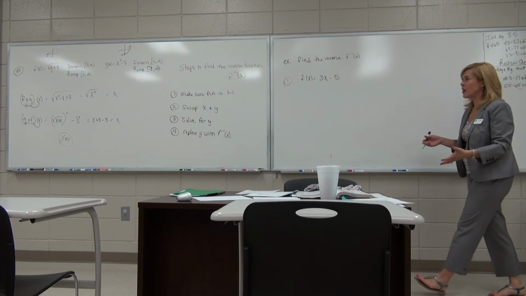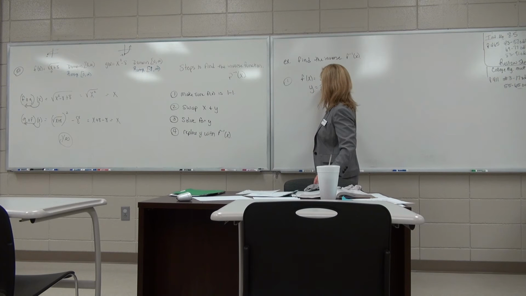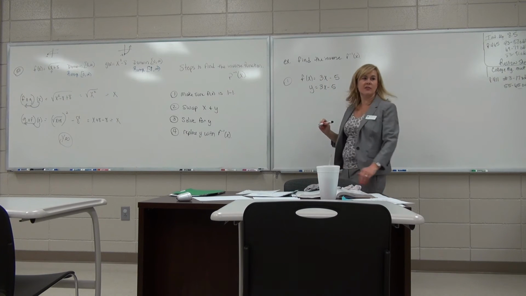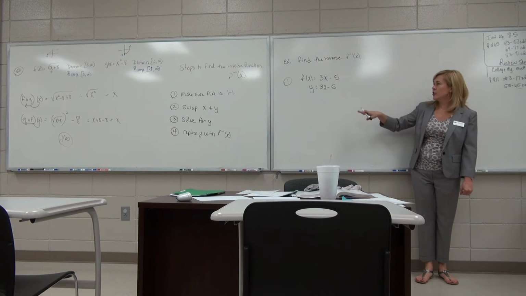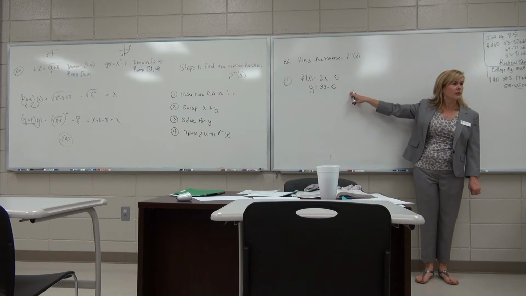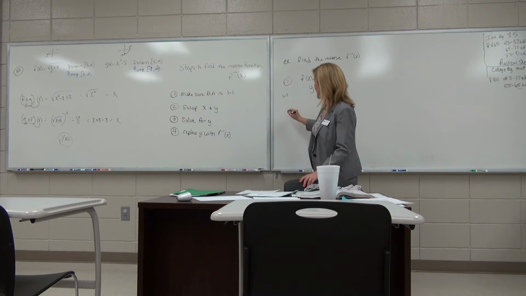Same thing as y, it's just function notation. So what I have here, if it's written in function notation, means it's really the same thing as y equals 3x minus 5. Those are equivalent, they're exactly the same thing. Well, ask yourself, is this a one-to-one function? Yes, no even exponents, no absolute values. So step 1's taken care of.